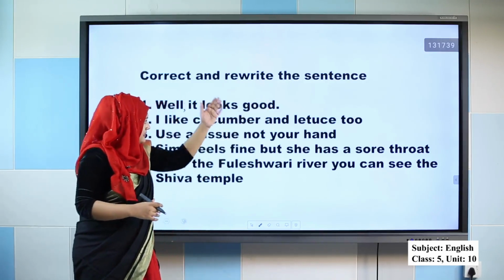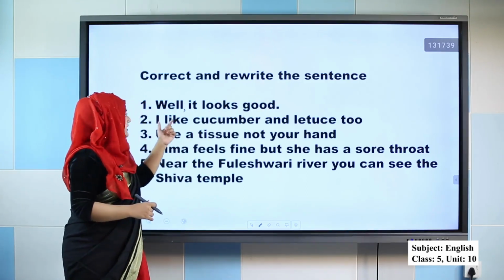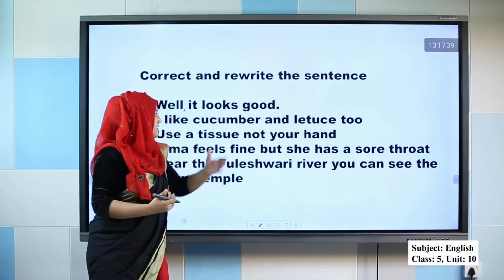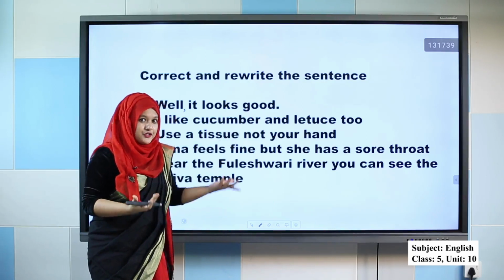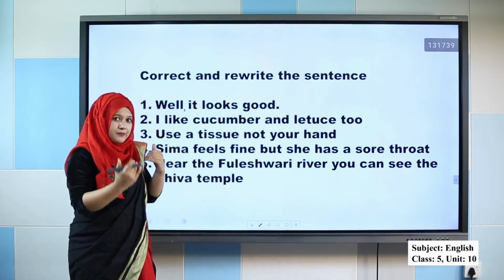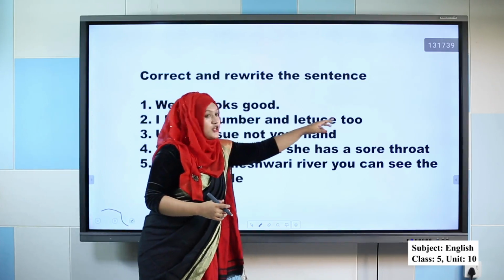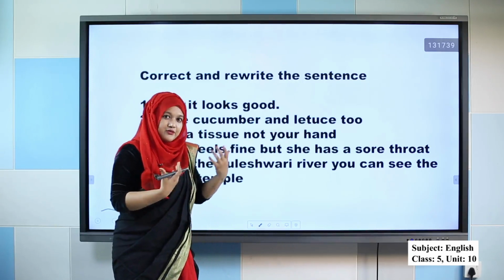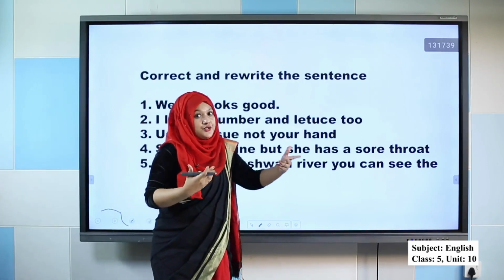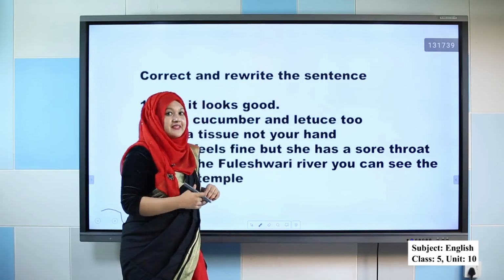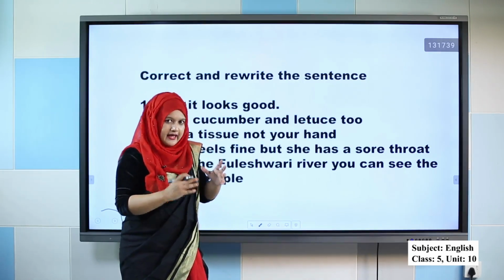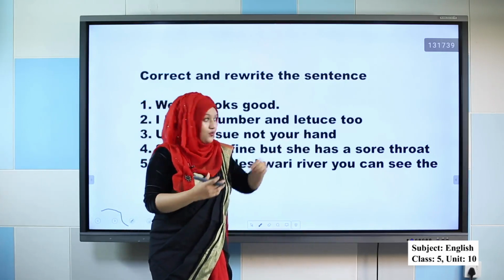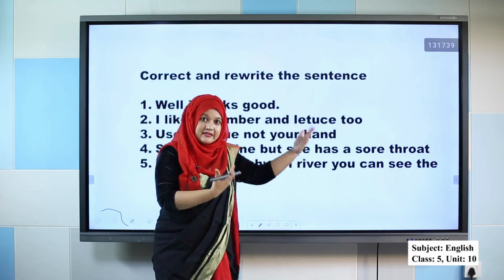Okay. Now, in the second sentence, I like cucumber and lettuce too. So we need to separate that word too from the sentence here. What should we use to separate the word too from the sentence? Yes, we will use a comma. And as the sentence ends here, what do we do after ending the sentence?